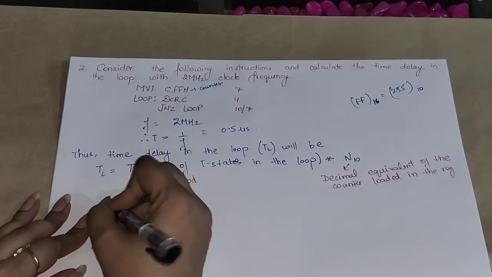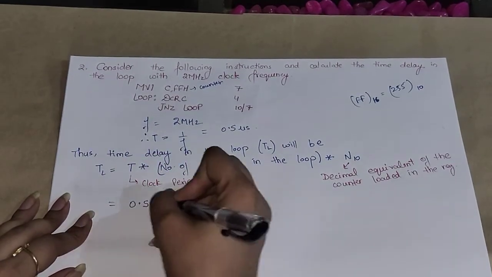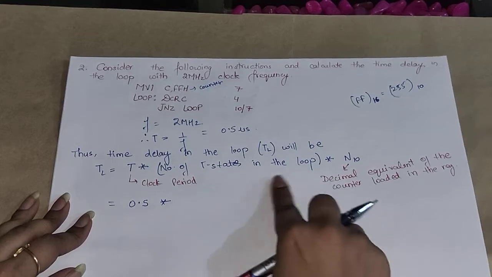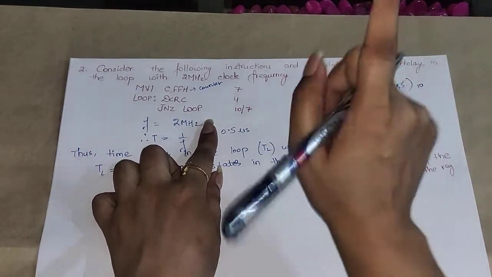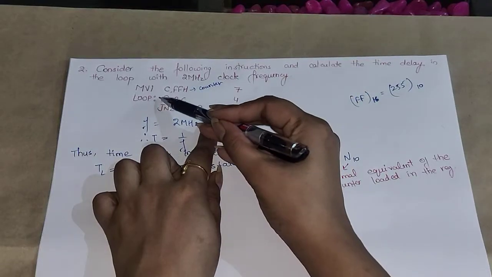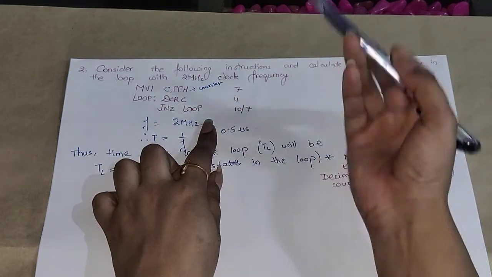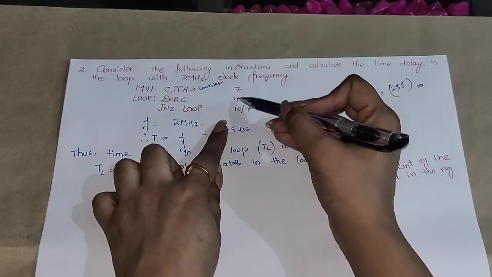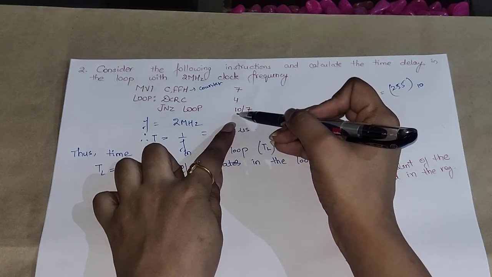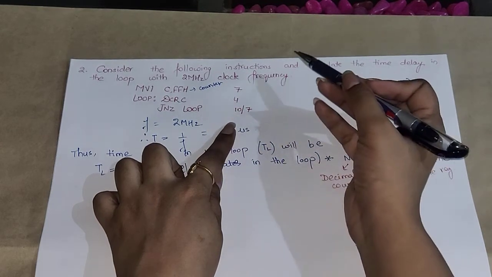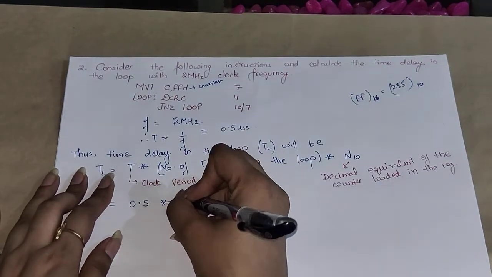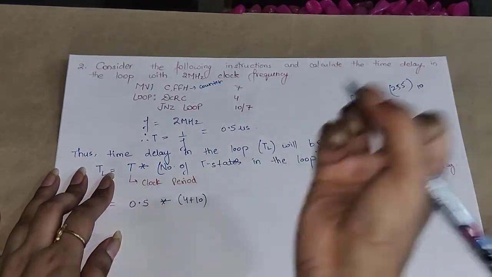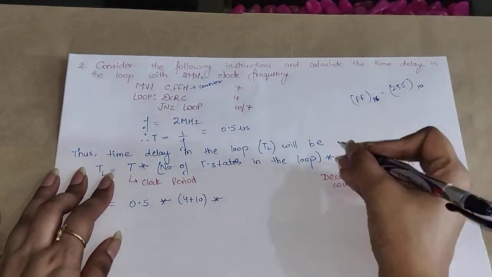So let's write TL equals 0.5 multiplied by the number of T states in the loop. In the loop how many T states are required? This is at loop level, so how many T states are required inside the loop? 4 plus 10, not 7; 7 is outside the loop. Inside the loop 4 plus 10, that means 14, multiplied by N10.